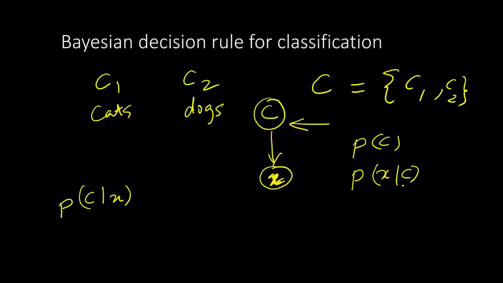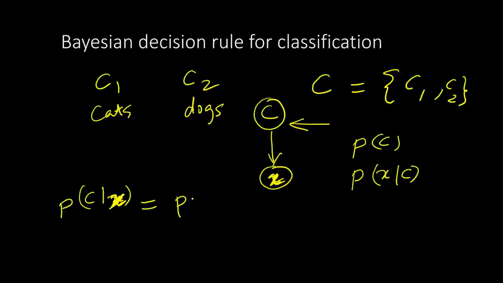All right. So now we want to reverse engineer, and find the probability that a given feature vector is coming from class 1 or class 2. So we will use Bayes' rule of probability.